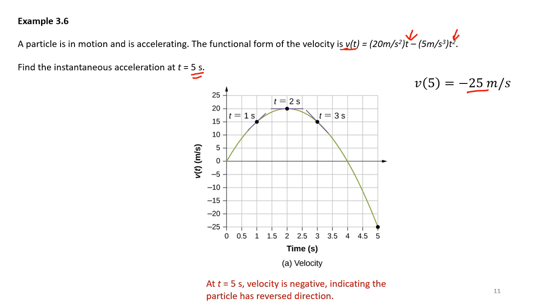So when this is the velocity time graph, when time is 5 seconds, you see the velocity is minus 25.